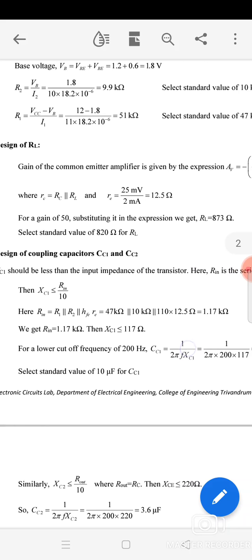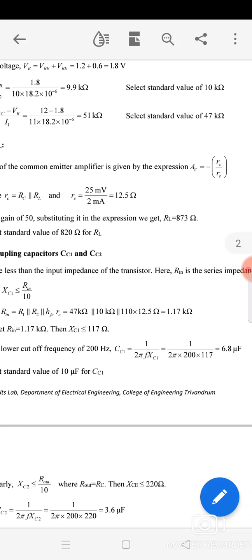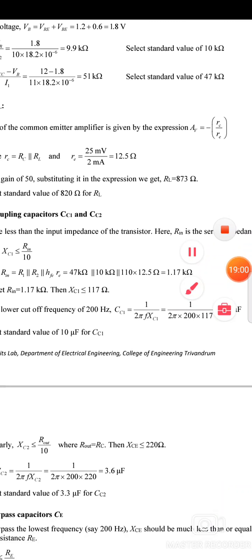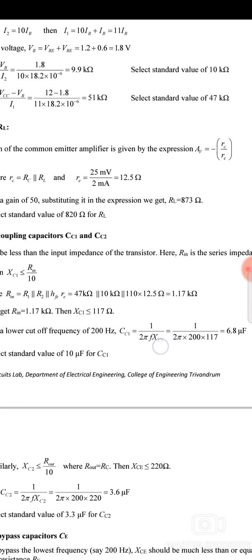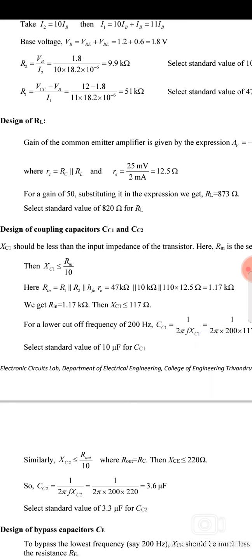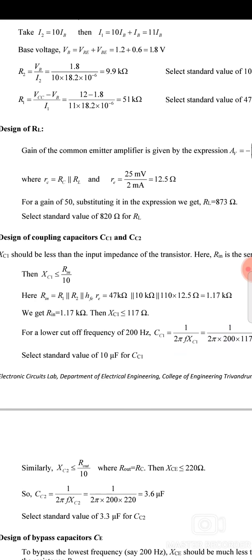Here, designing RL is done as follows. The gain of the common emitter amplifier is given by the expression AV equal to minus rc by re, collector resistance to emitter resistance, where small rc is equal to capital RC in parallel with RL.